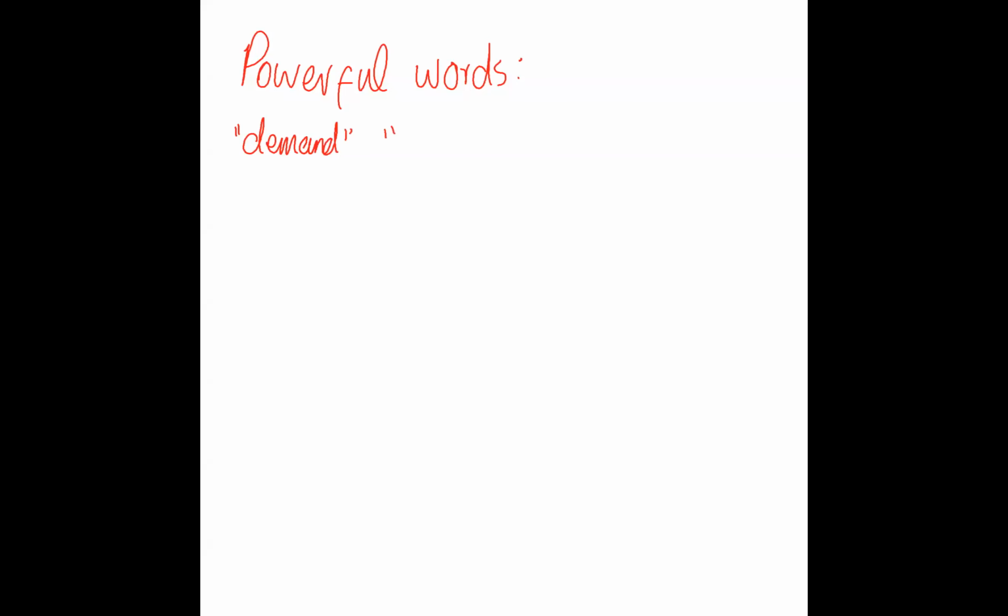Very good. So these are words that we can use to describe things that we're doing. If I demand something of you, that just means I'm very forcefully asking for something, but we say asking, but not really giving you an option.